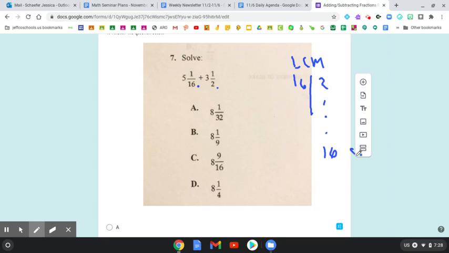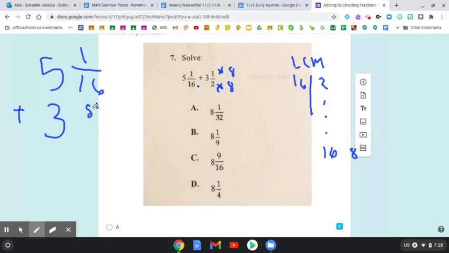It's going to be the 8th one because 8 times 2 is 16. So if I multiply this by 8, I would also do it to the top. Then I'm going to have these numbers. I'm going to have 5 and the 1/16 that I had originally. And I'm adding, I still have the whole number 3. But now my new fraction is going to be 8/16.